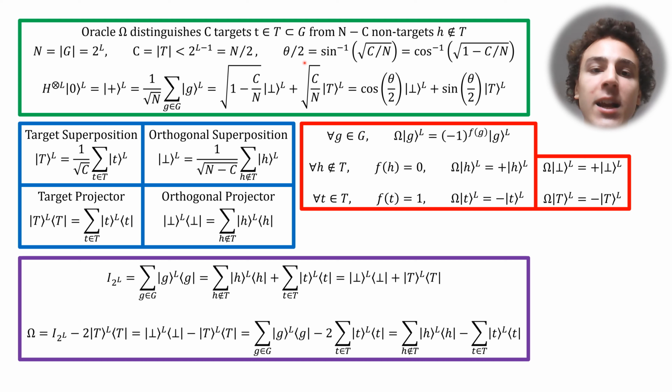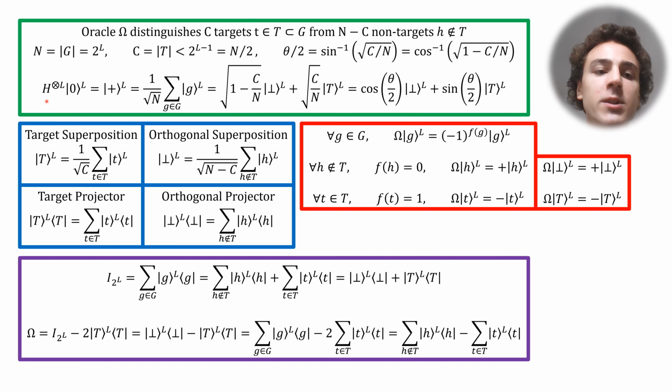Alternatively, we can define 1/2 of the angle theta as the inverse cosine of the square root of 1 minus this ratio. So we're turning this ratio of C over N into an angle theta. And the reason we're defining this angle is because we want to use it to express coefficients in a linear combination. Let's examine this quantum state.